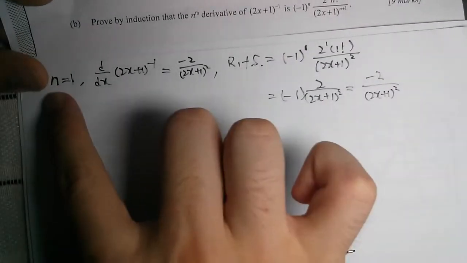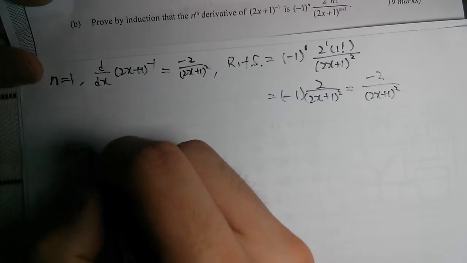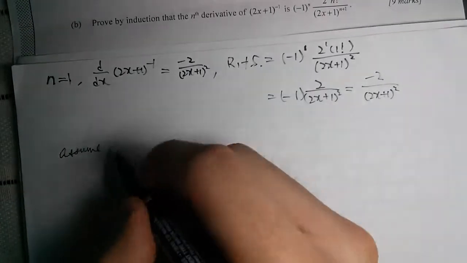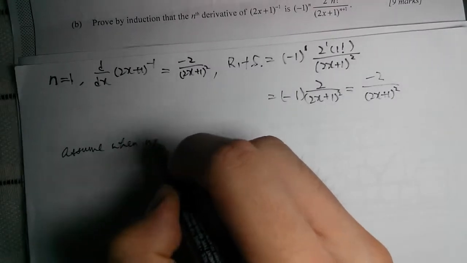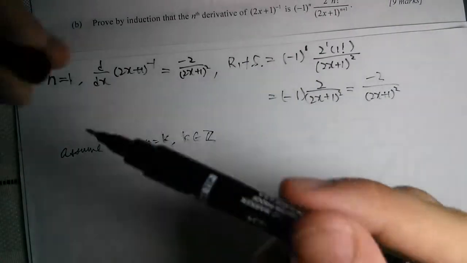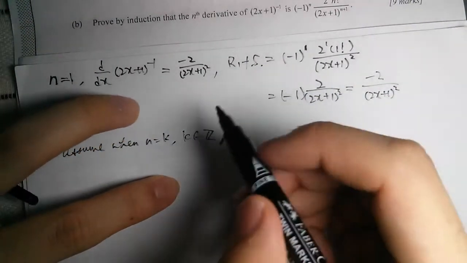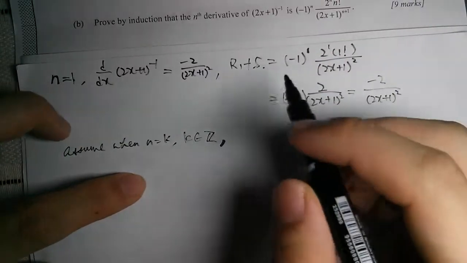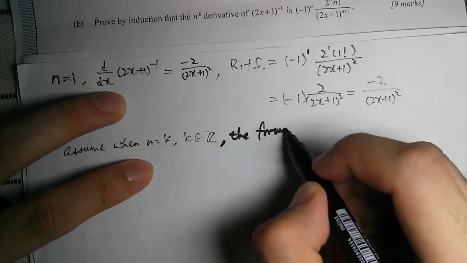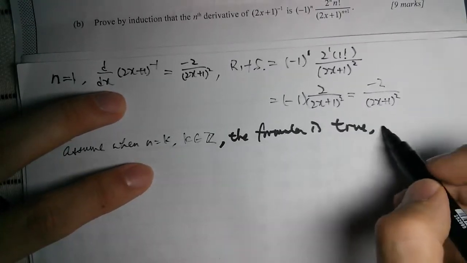Next step, after checking that n equal to 1 is true, we assume that there exists some integer k that when n equal to k, the formula is correct. Okay, I'm running out of ink, really. Okay, let's try this. What do you mean by the formula being true?